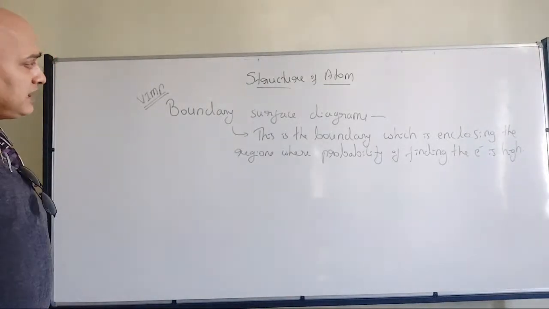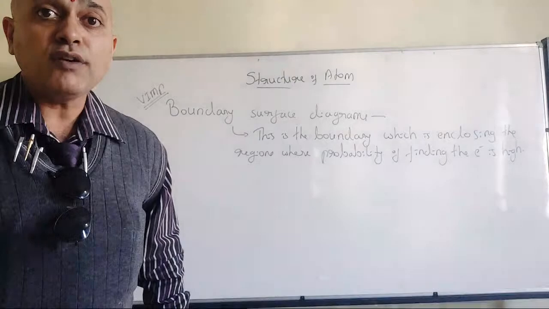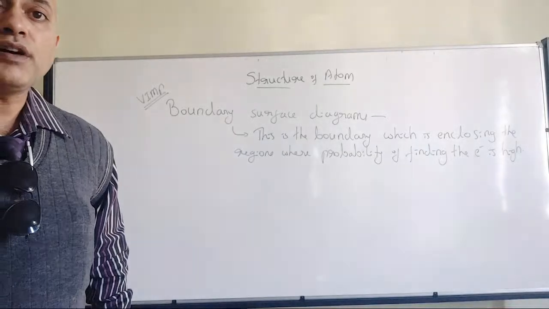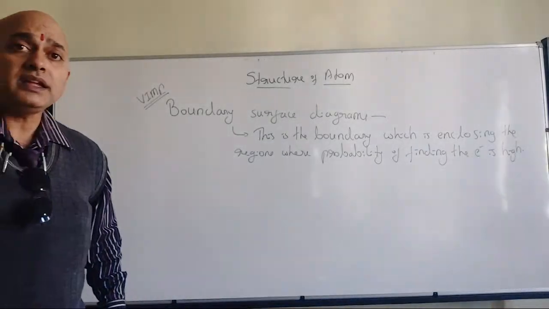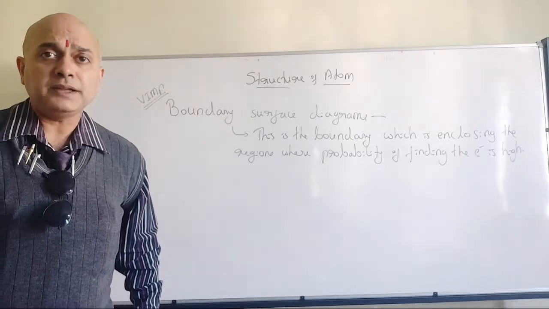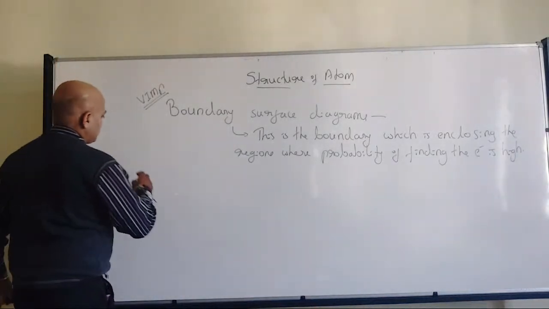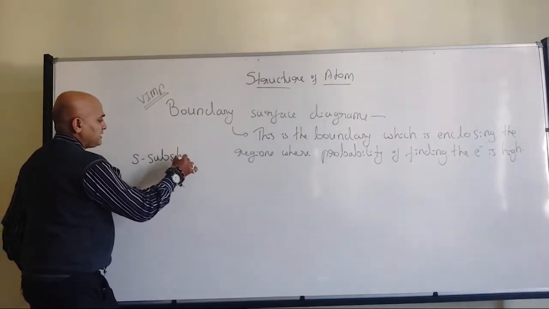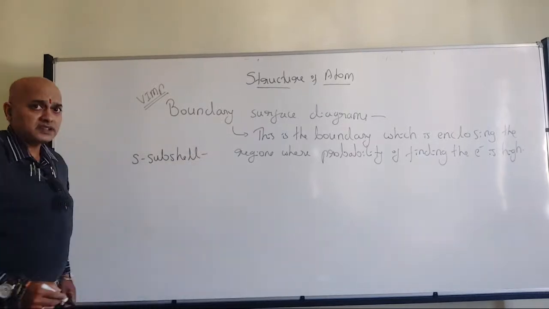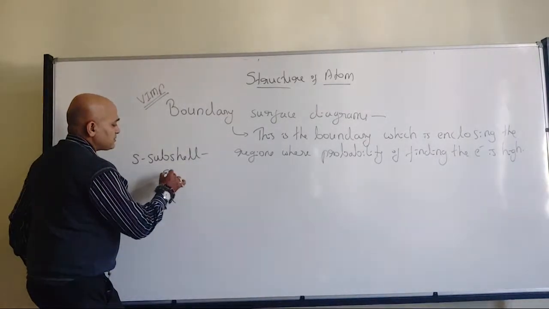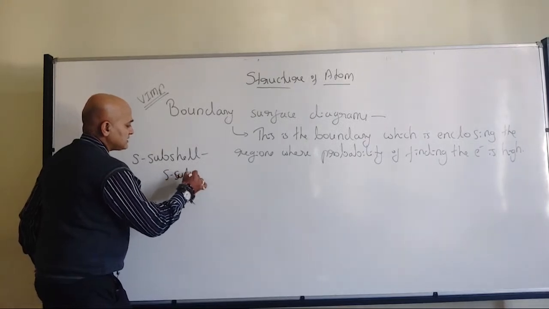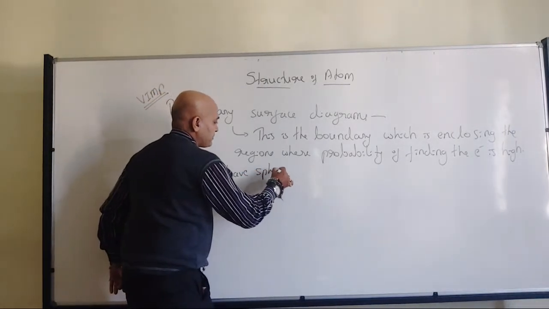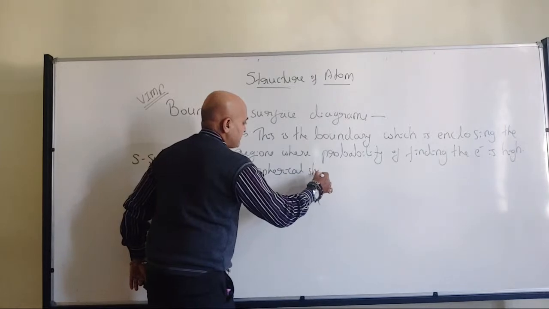Now the question can be, draw the boundary surface diagram for 2s subshell, or it can be 3s subshell, whatever it might be. First and foremost, if the question is based on S subshell, you should first write that S subshells have spherical shape.